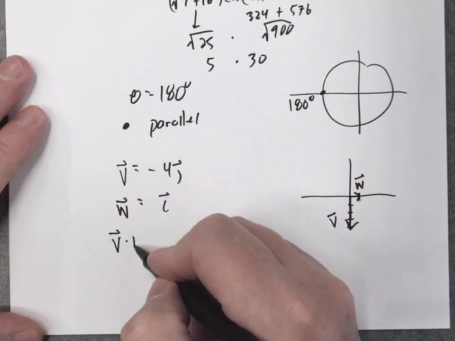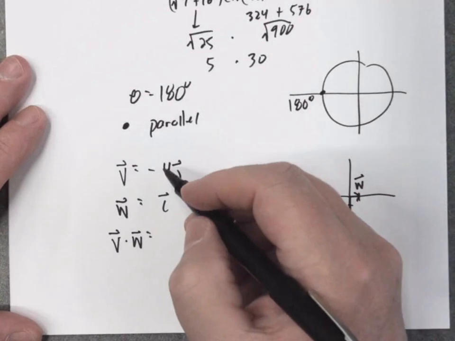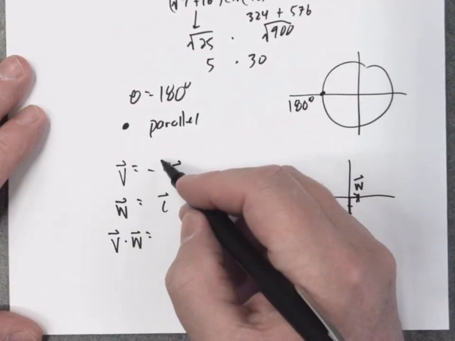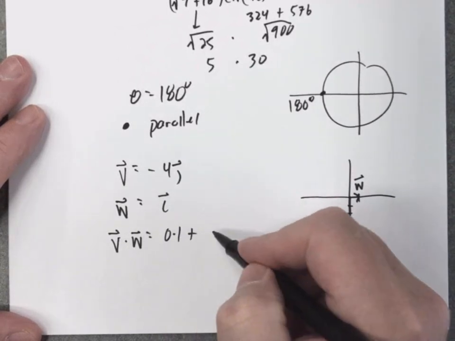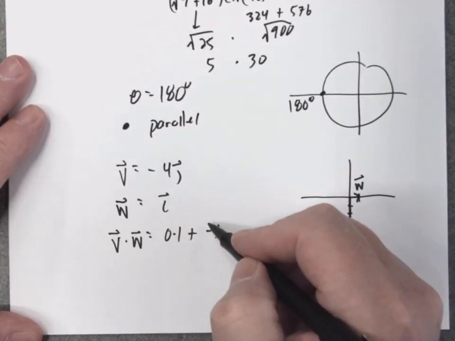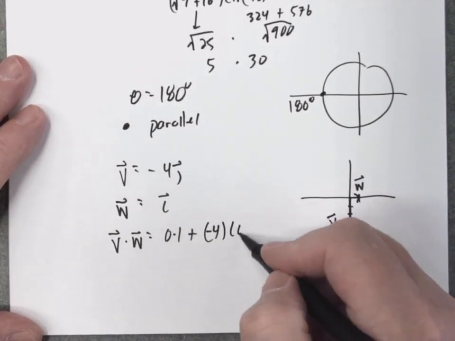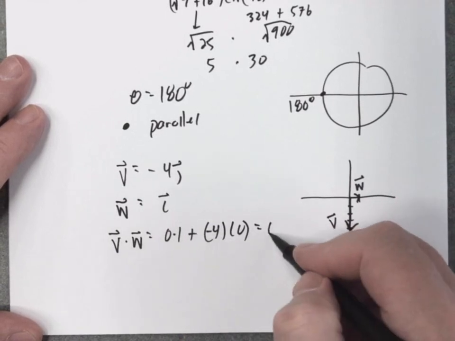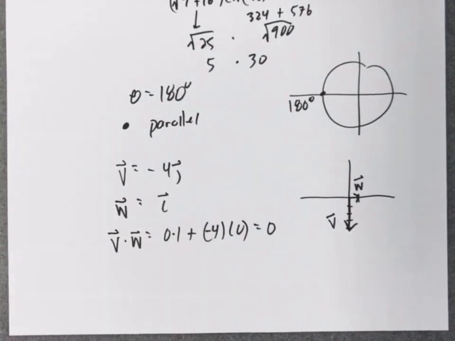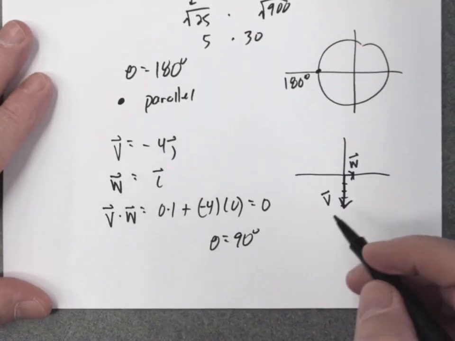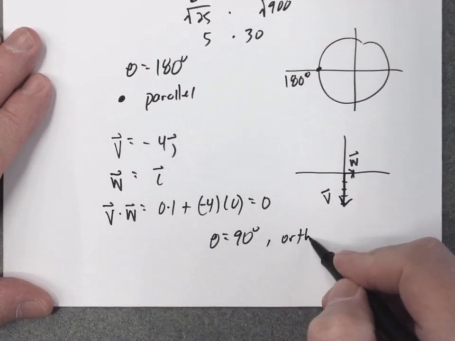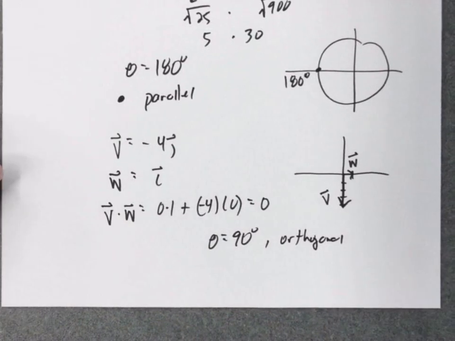If we do the dot product, the i part of V is 0 times 1, and then -4 times the j part of W, which is 0. So you can obviously see the dot product is 0, which means the angle is 90 degrees, which means they're orthogonal.